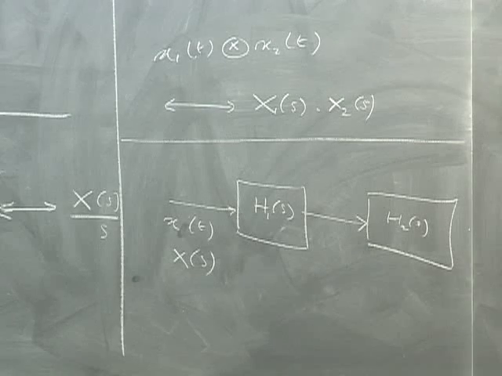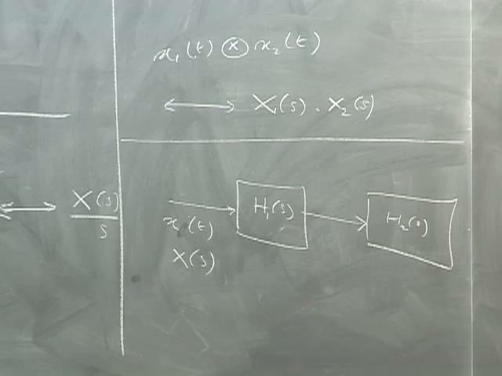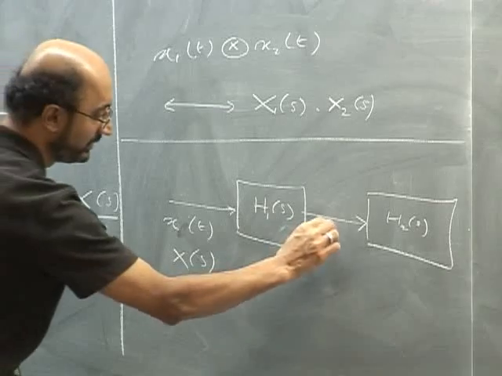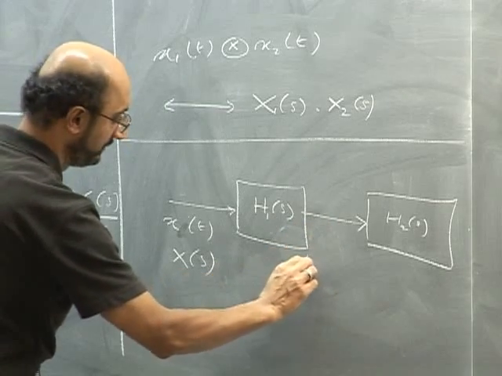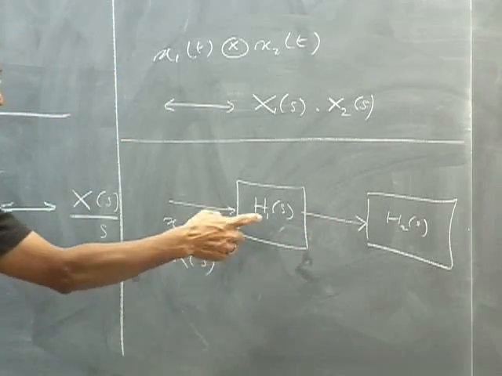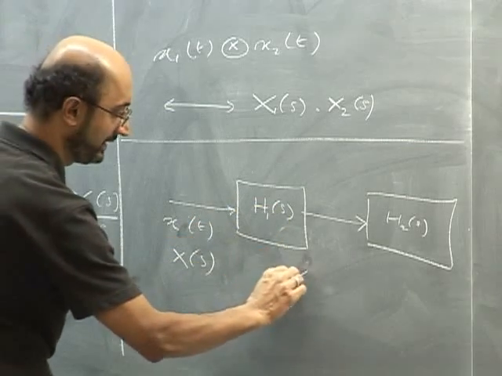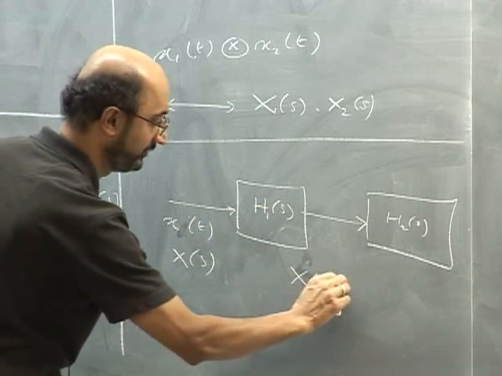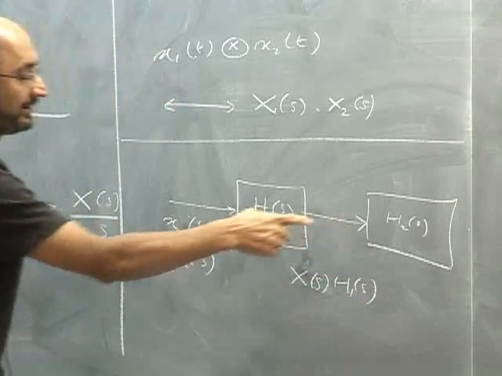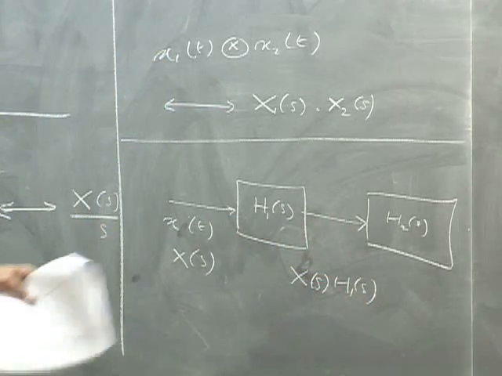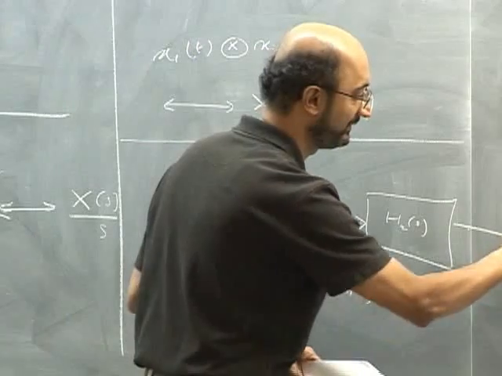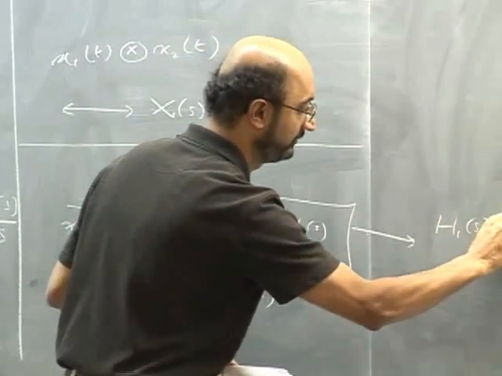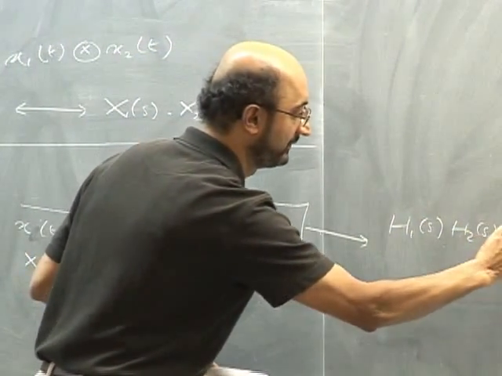What happens then is something very nice. The output of this system we know is going to be the convolution of x(t) and h(t), which is going to be X(s) H1(s), and that's the input to the second system. So the output of the whole thing is going to be H1(s) H2(s) X(s).